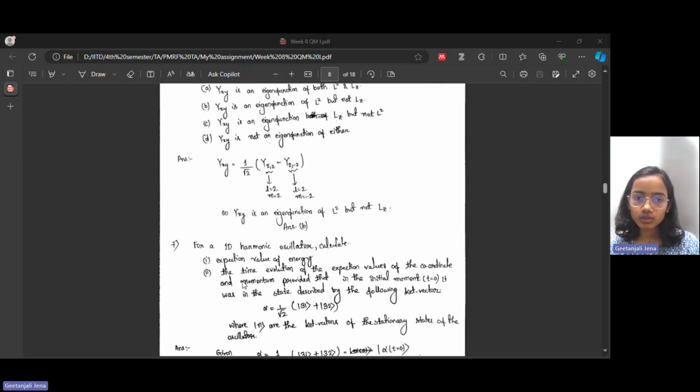So a state is given to you, the state of the particle in a 1D harmonic potential.